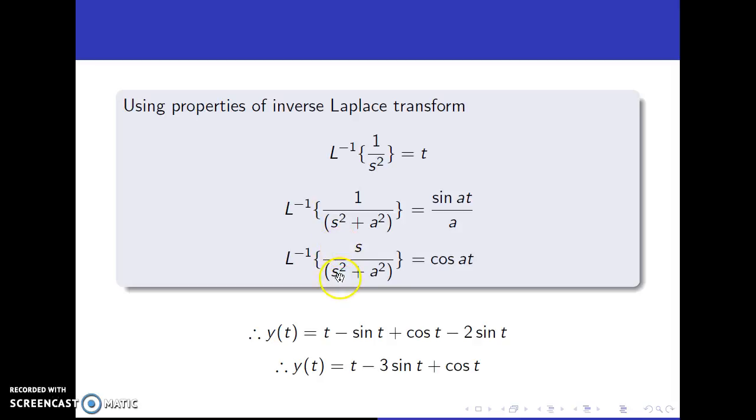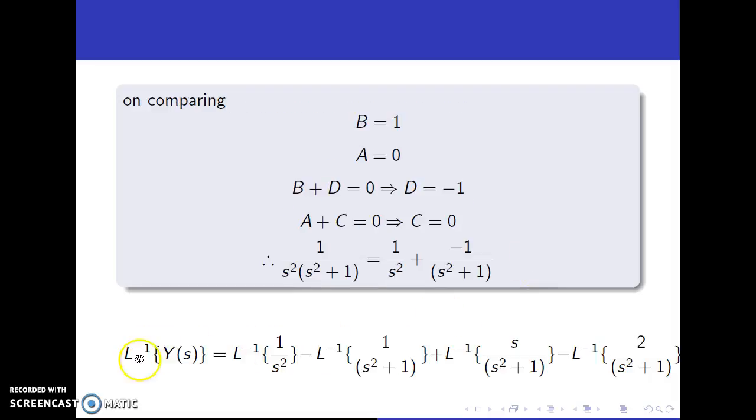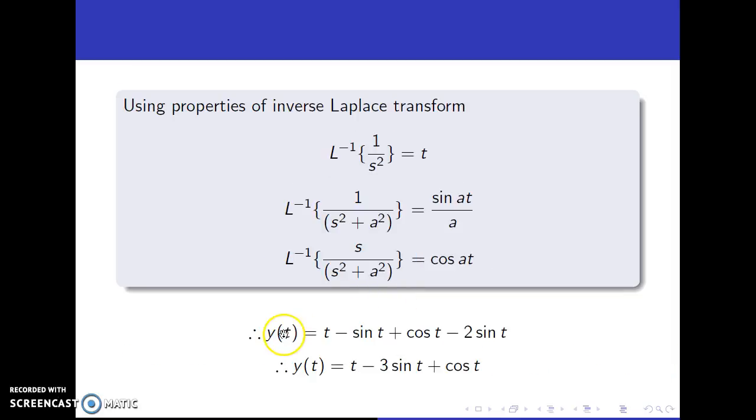The Laplace inverse of s upon s square plus a square is nothing but cos at. Now putting all these values in the Laplace inverse of Y of s, we reduce to y of t equal to t minus sin t plus cos t minus 2 sin t, and y of t turns out to be t minus 3 sin t plus cos t.